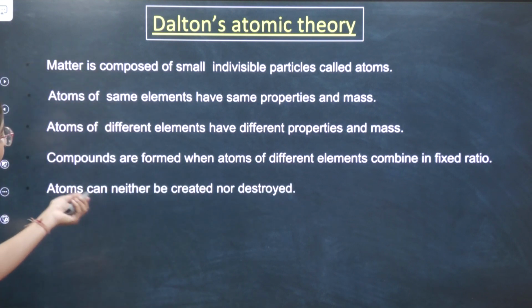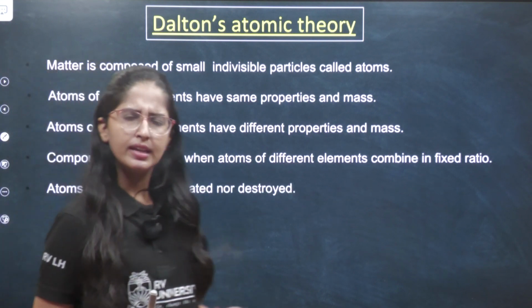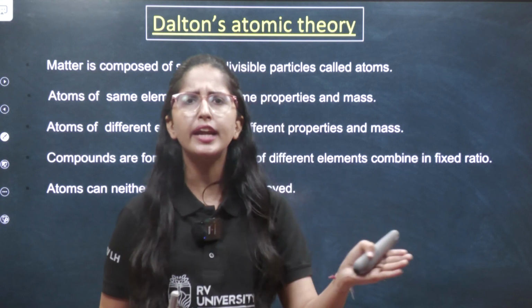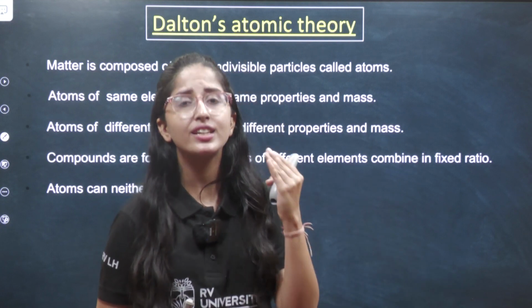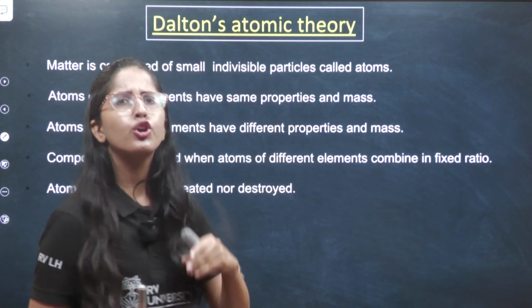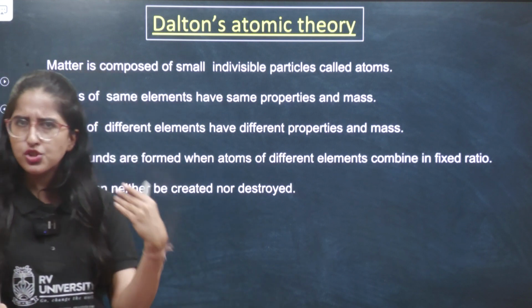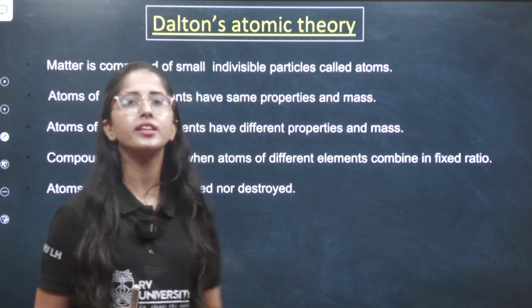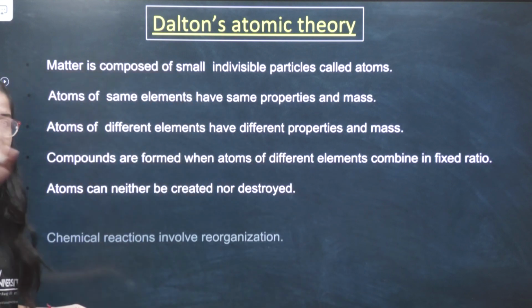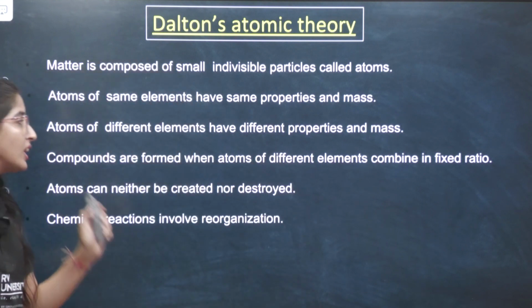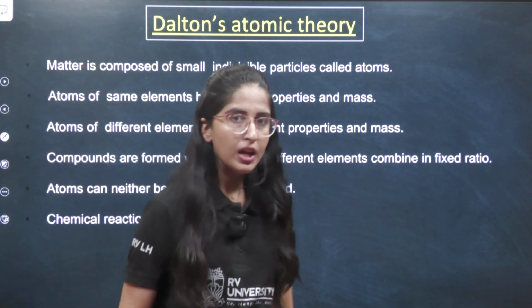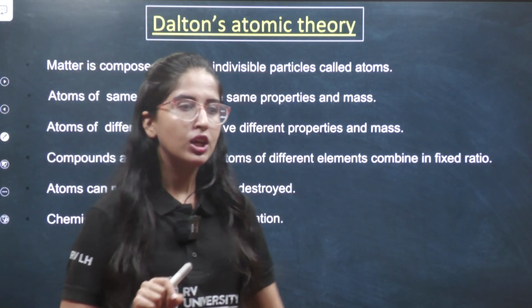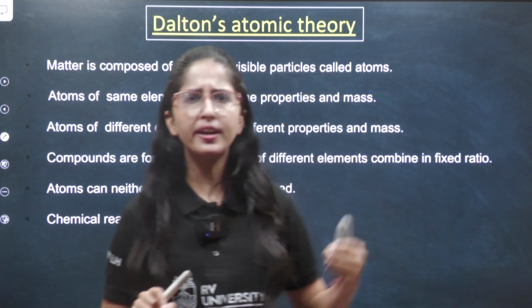Next, atoms can neither be created nor destroyed. Just like energy, you cannot create an atom and you cannot destroy even an atom. You cannot create energy and you cannot destroy energy. You cannot create mass and you cannot destroy mass. Simple law of nature. Chemical reactions involve reorganization. In a chemical reaction, you might expect a different product is formed.